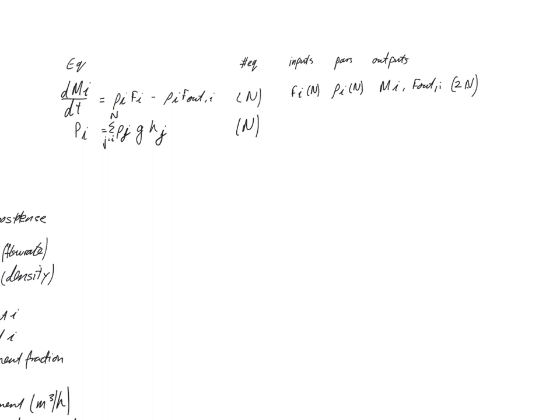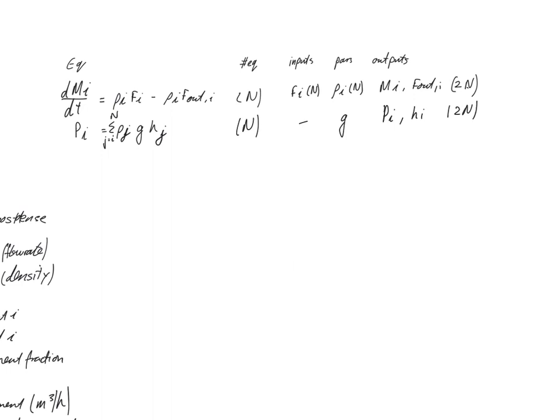So let's count here again. Okay, we don't have any inputs. We have parameters. We've got the rhos that we've already counted. g is a parameter that's always going to be constant. The outputs are going to be Pi, just to be clear that that's not a rho, Pi and hi, and so there will be another 2n of those.